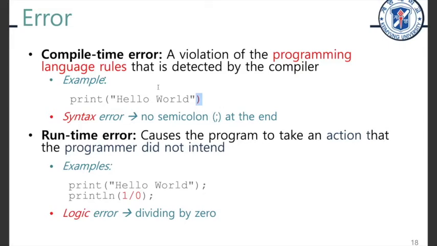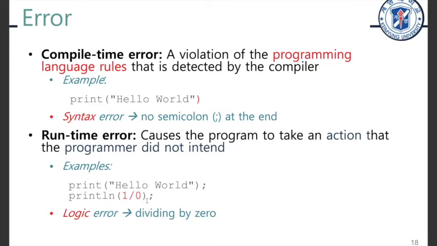However, not all errors are violations of programming rules. Sometimes you violate logic. For instance, dividing numbers by 0. It is not mathematically logical to divide any number by 0, right? The computer cannot see this error when you write it.